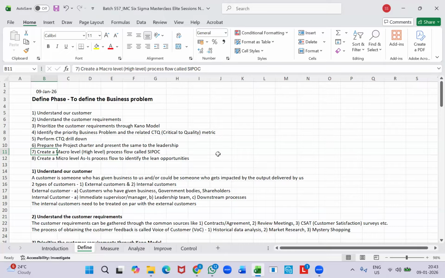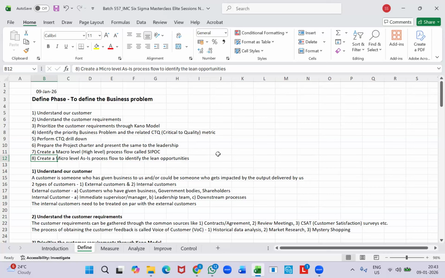So that is why for identifying the lean opportunities existing within the process, we will consider this as-is process flow. Once we identify the lean opportunities and work on all those lean improvements, we would be able to improve the process performance up to a certain extent. But in a Six Sigma project, you would remember we would have fixed a breakthrough goal, right? So the goal that we would have fixed would have been a breakthrough improvement.